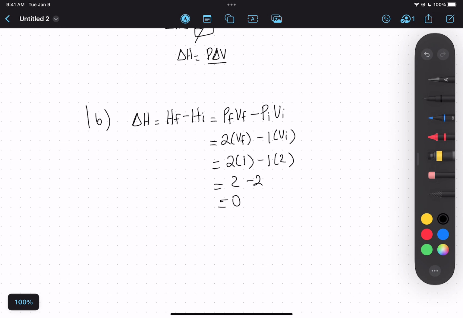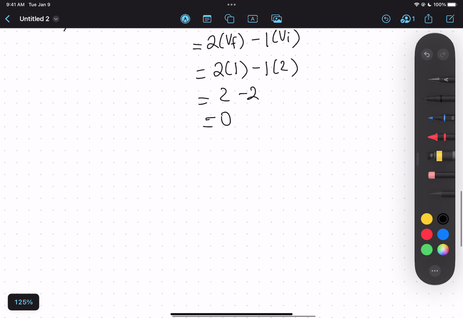But there's also that natural decrease in pressure that we would see with an increase in volume, right? So the volume increases, then we see a decrease in pressure. If we see a decrease in volume, we see an increase in pressure.